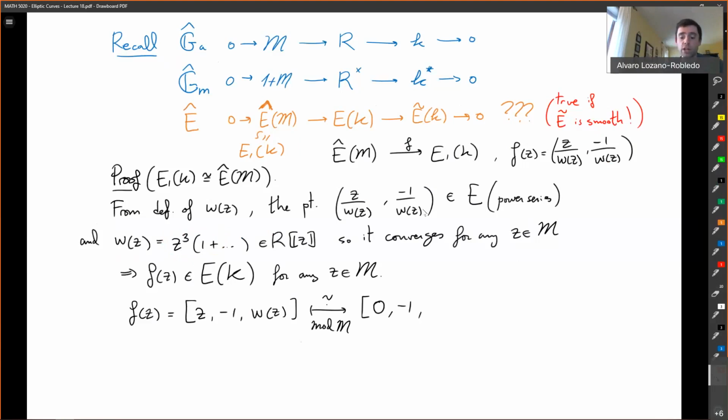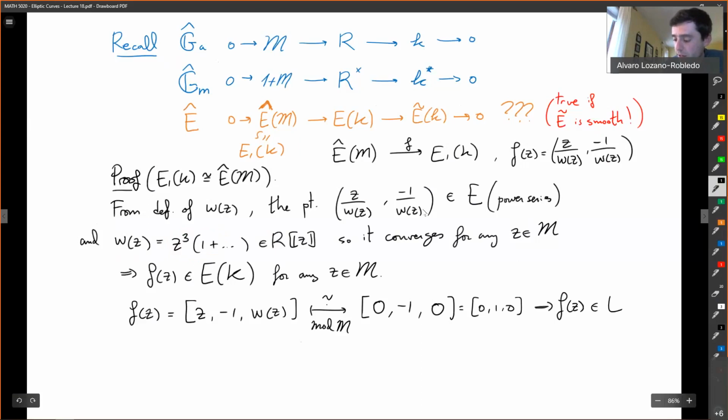It's in fact Z cubed, so this is also 0. So this is the point (0, 1, 0), and that tells you that F of Z is in fact in E1K.